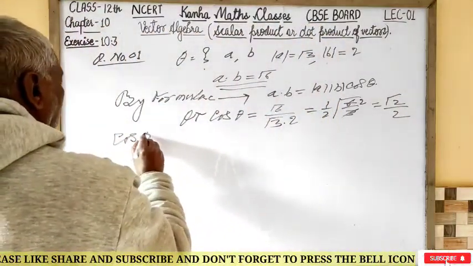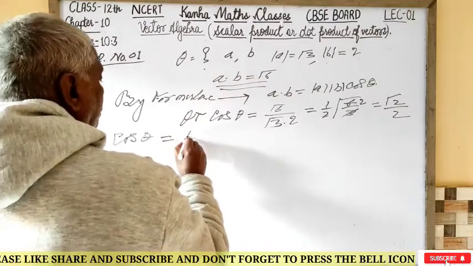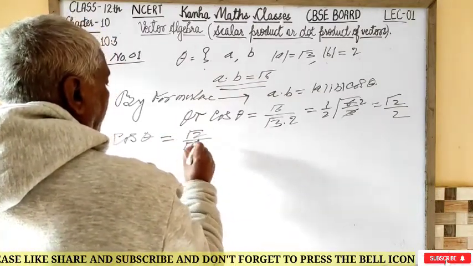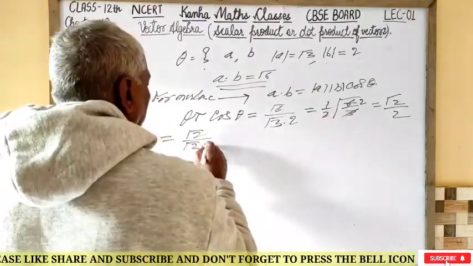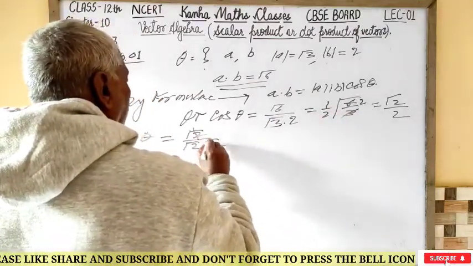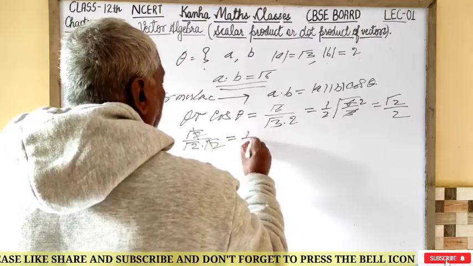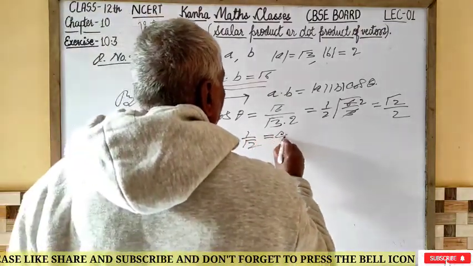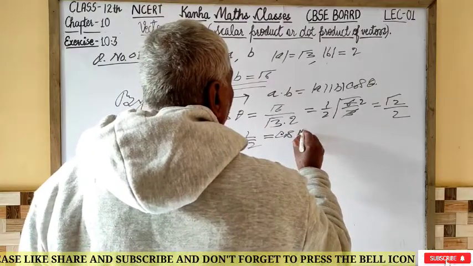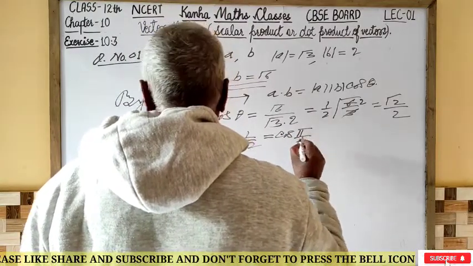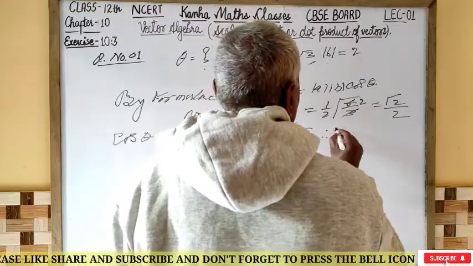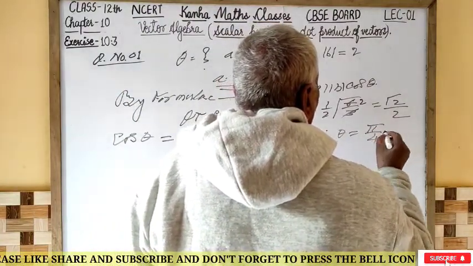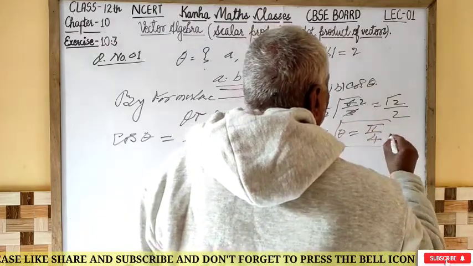Cos theta is equal to √2 upon 2. We may write 2 as √2 into √2. √2 will be cut by this, leaving 1 upon √2. 1 upon √2 means cos pi by 4. Hence theta is equal to pi by 4, the angle between the two vectors.